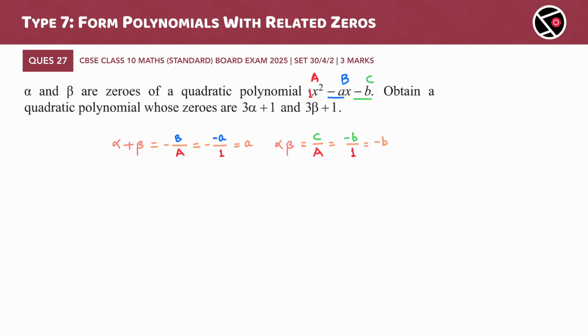Now we have the zeros of the second polynomial, 3 alpha plus 1 and 3 beta plus 1.